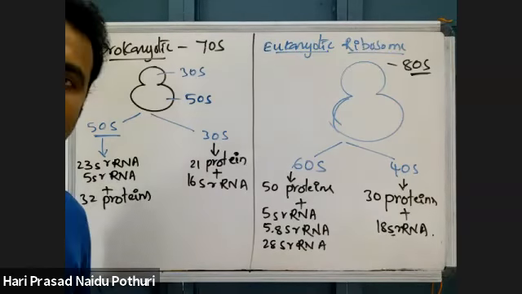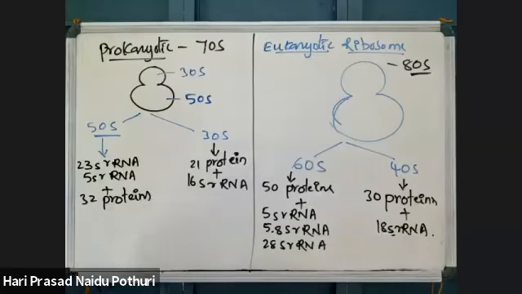Okay, this is about the structure of ribosomes and different units of the ribosome. How ribosomes are there, that we completed. What is the genetic code, that is complete. Mutations in the genetic code also complete. Then structure of tRNA, activation of amino acid.